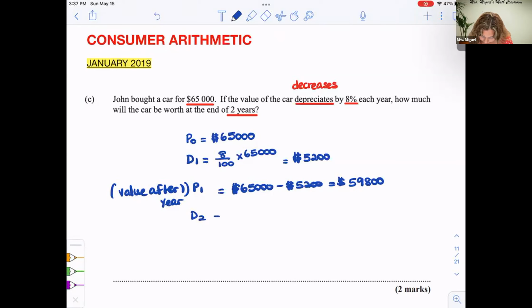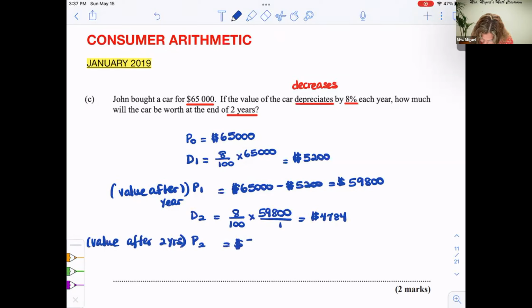So D2, depreciation after the second year. So P2, the value after 2 years, 59,800 minus 4784.